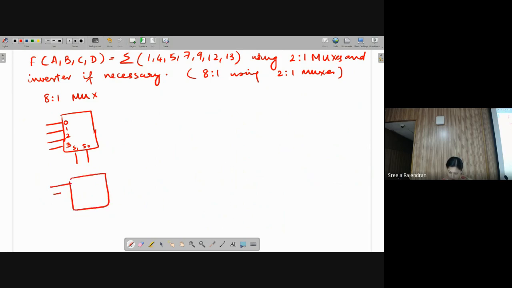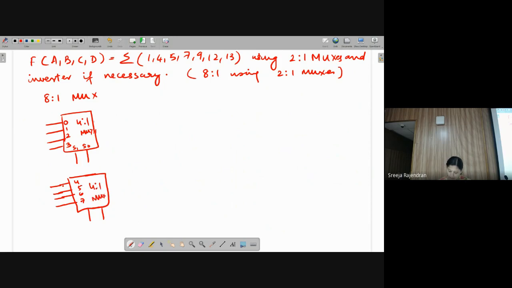This also has 4 inputs, 0, 1, 2, 3, or I say this is 4, 5, 6, 7, because the first 4 are used here. So all my inputs are covered, no? I have 8 inputs. The first 4 is to 1 mux will use the first 4. This one will use the next 4.